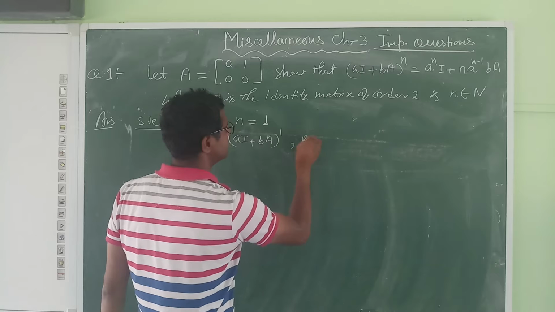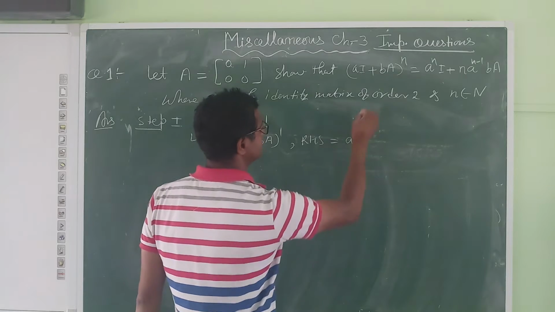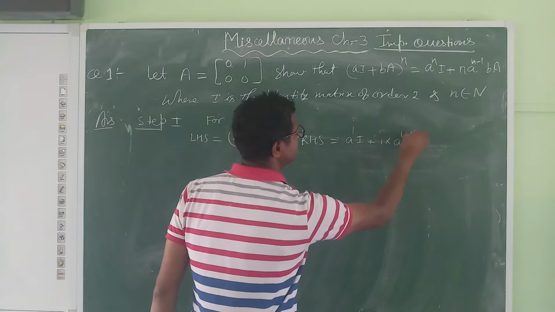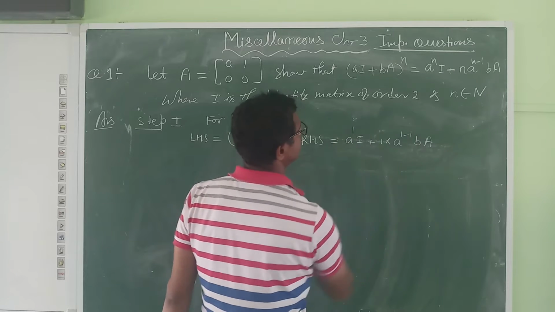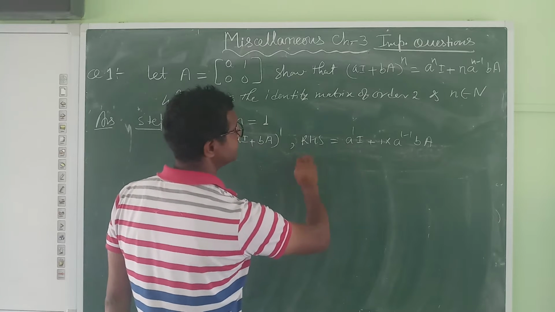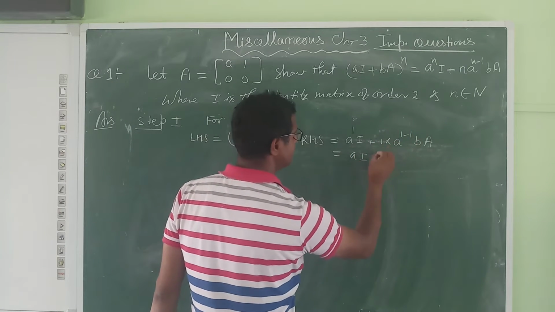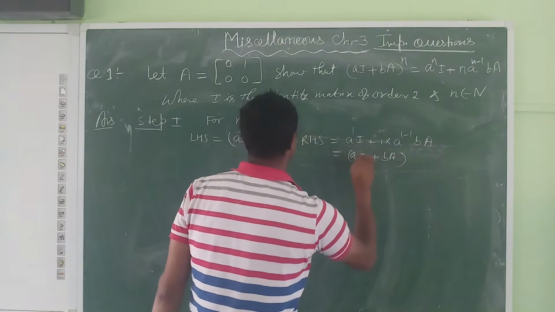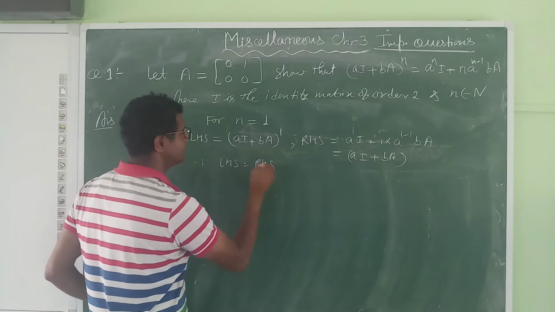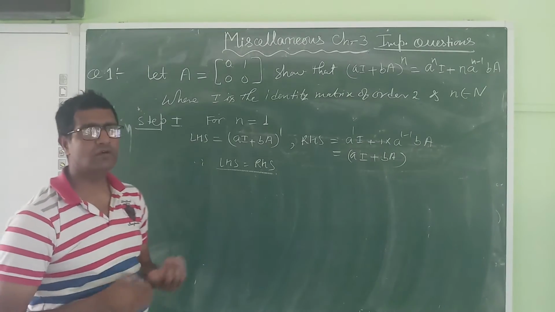The right hand side RHS equals a^1 I plus 1 into a^(1-1) bA, means aI plus a^0, means 1, bA. Therefore, we are getting that left hand side equal to right hand side. It's verified for n equal to 1. Now, it will be true for n equal to 2, n equal to 3, n equal to 4.